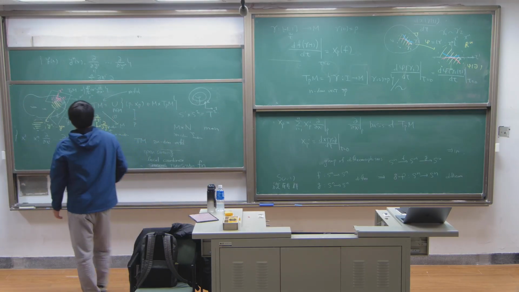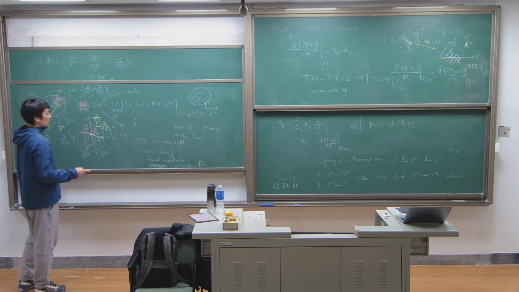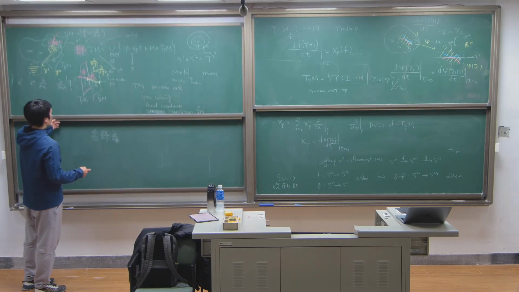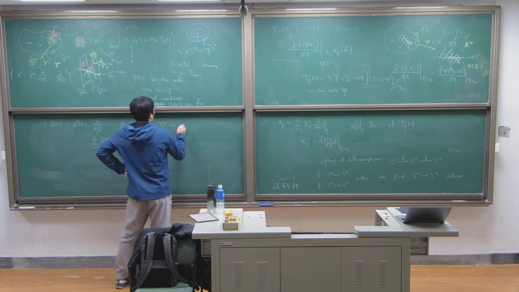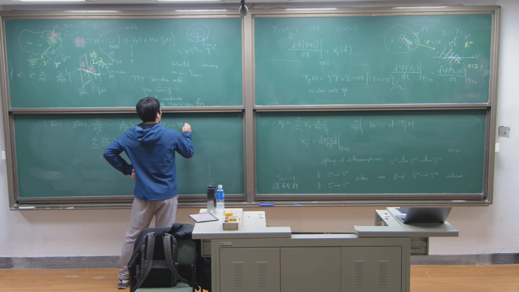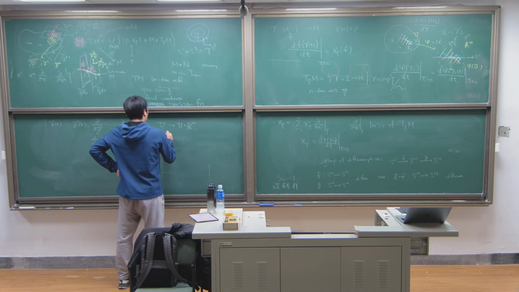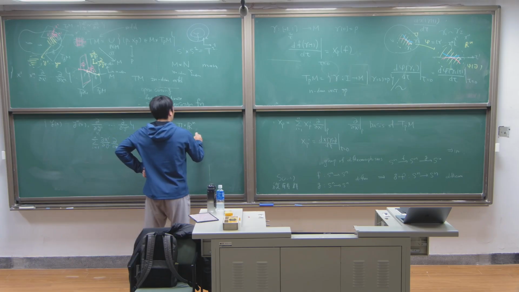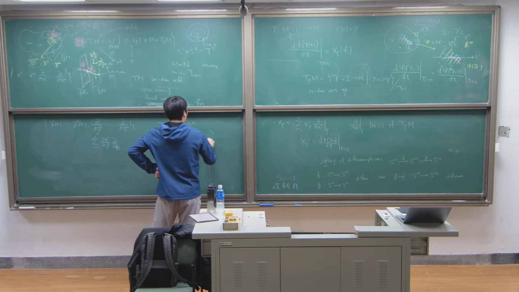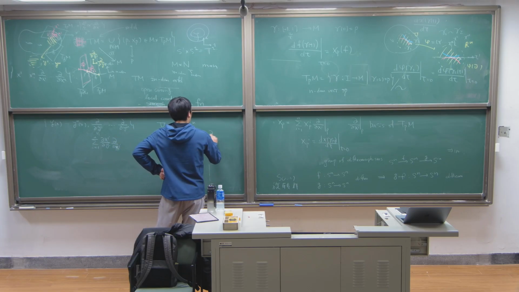So, and this is called local trivialization. If we have U times Rn, so x1, ..., xn is mapped to x1, ..., xn times delta.